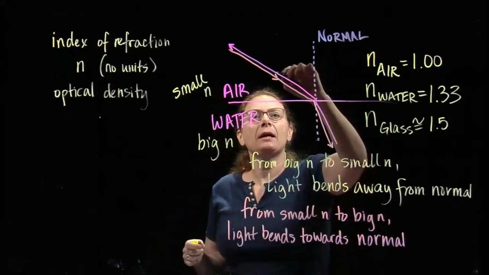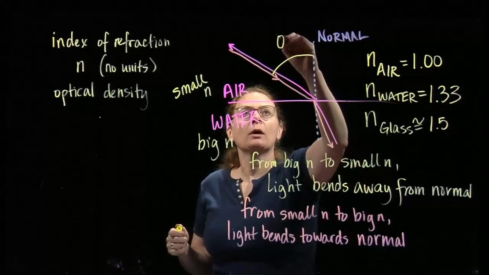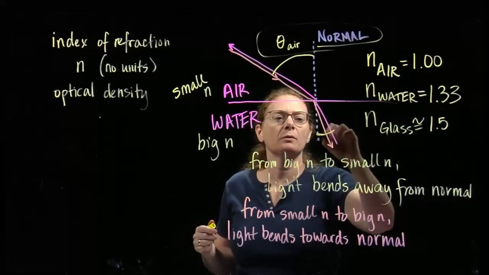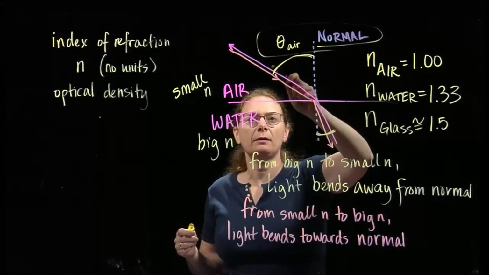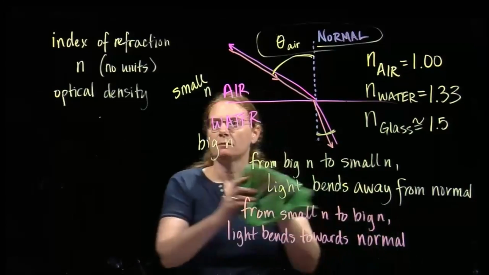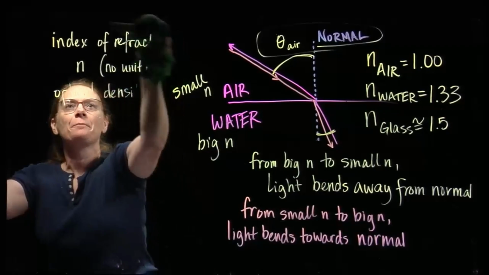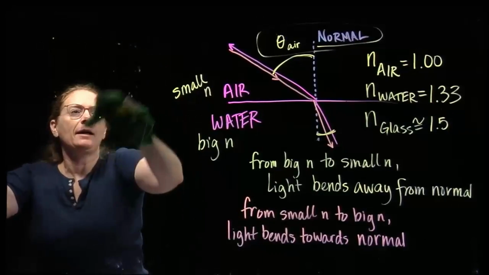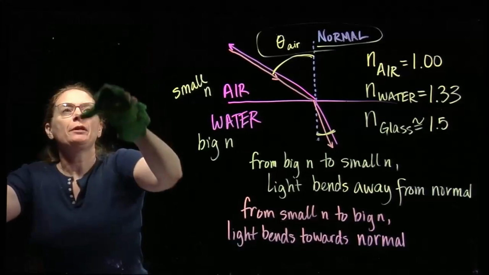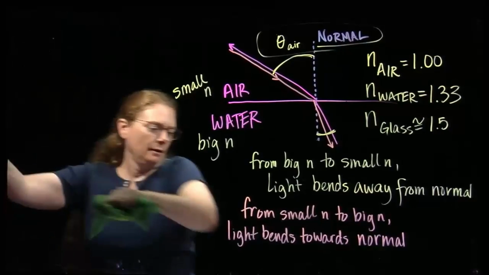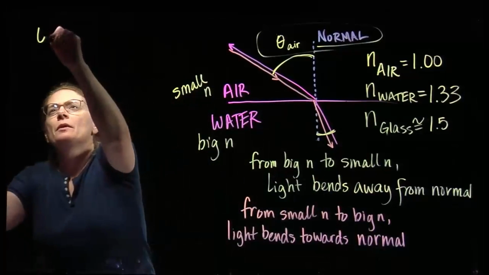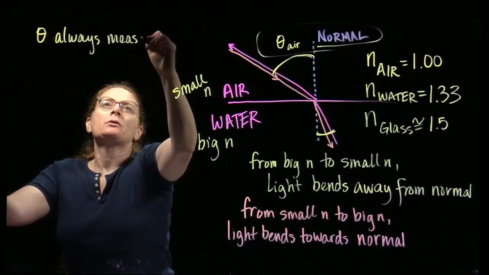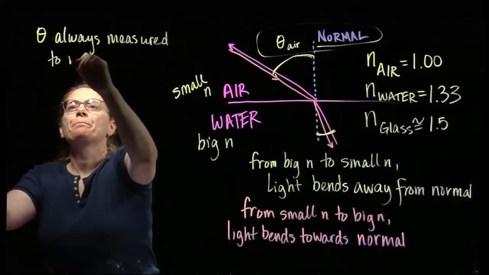And every single time we're dealing with refraction, you are going to measure the angle to the normal. So it's this one and this one. I don't care what the angle is from the surface. We don't use that. The reason we draw the normal is so we can figure out the angle to it. So if you do not have a normal line on your picture, you probably will not be able to get the correct angle. So the angle is always measured to the normal, not to the surface.